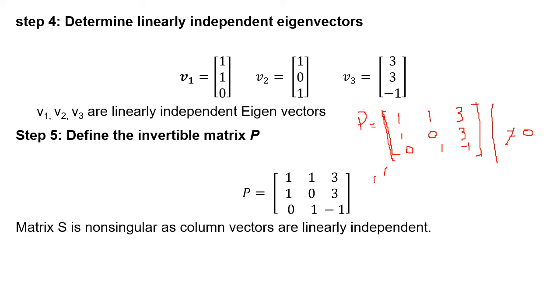This is 1 into minus 3 minus 1, it is plus 1, minus 3, it is 1. This and this will get cancelled out. So here I have, this is minus, so it is equal to 1. So definitely this is not equal to 0. So P is an invertible matrix, and we can say that these three vectors v1, v2, v3 are linearly independent. And as I said earlier, some people call this matrix S. Instead of P, they denote it by S.